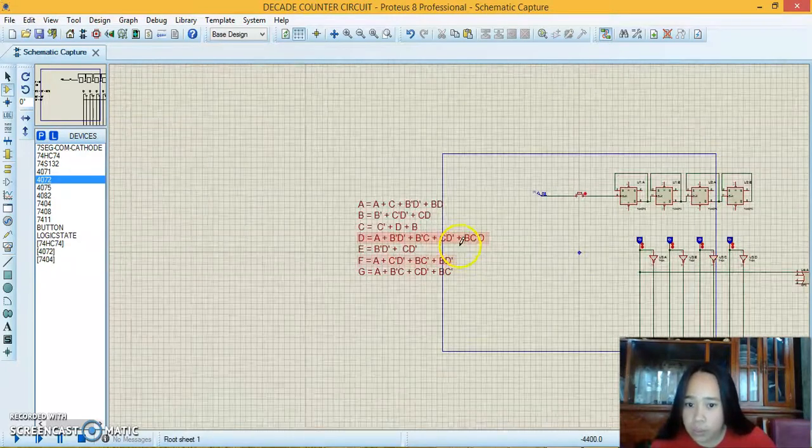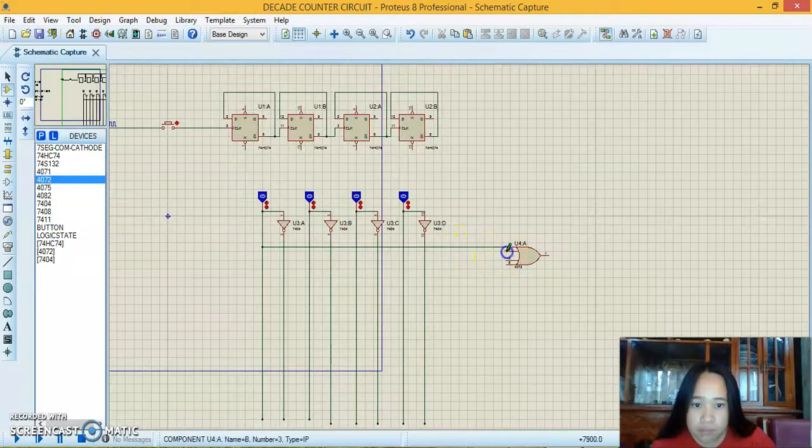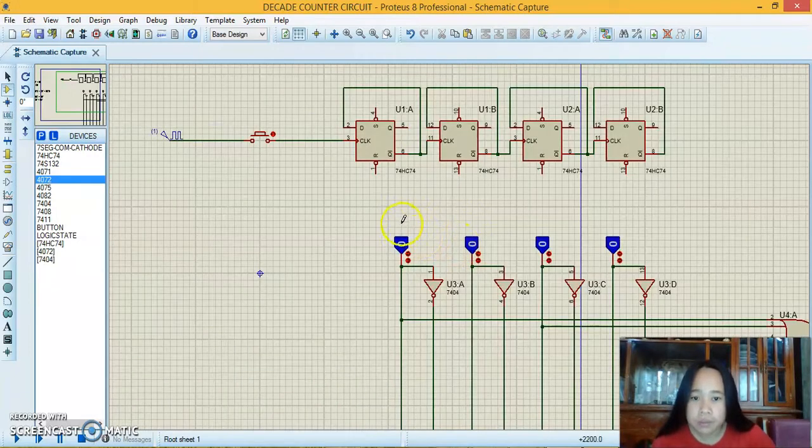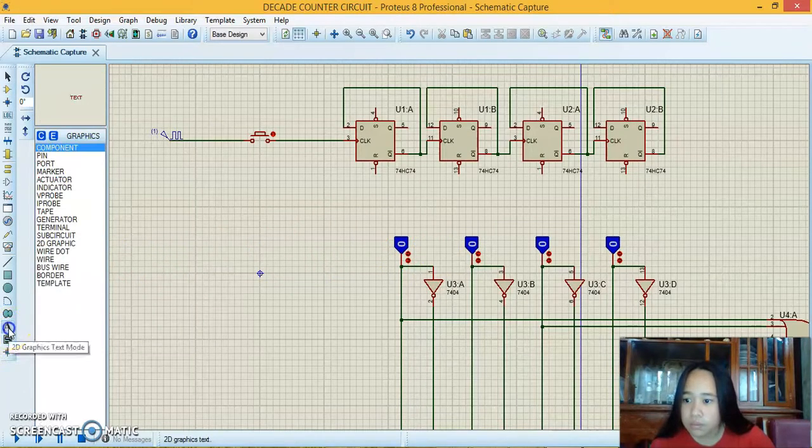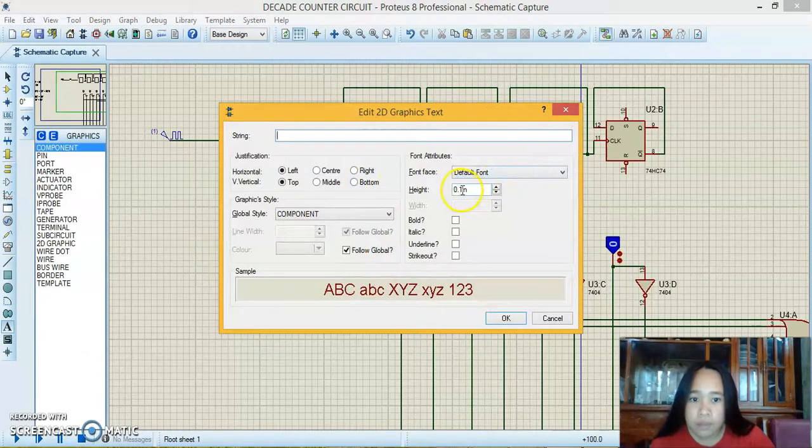Next is the C. By the way, let us make the label here.